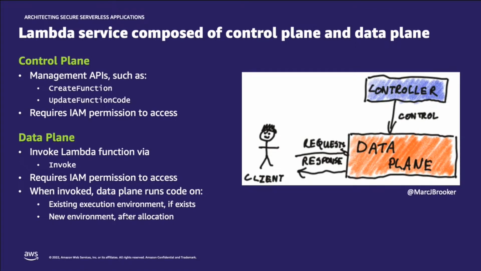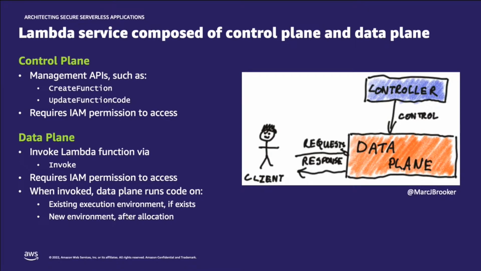The control plane provides the function management APIs, for example, when you are creating a function, updating function code, and so on. And it manages the integration with all the AWS services for your Lambda function. On the other side, the data plane controls the invoke API that runs Lambda functions.